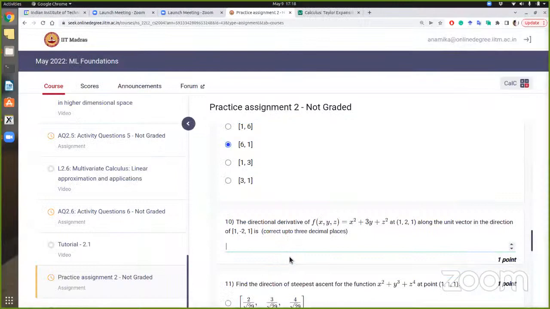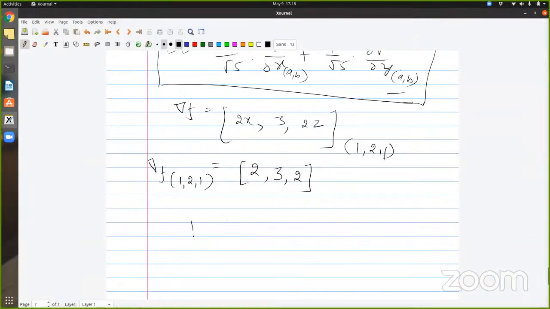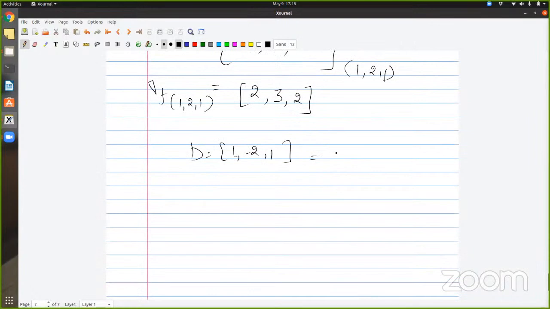Now let's see the direction (1, -2, 1). This is not a unit vector, so we divide it by its norm, which is square root of 6. This is your direction vector, that is the unit vector.